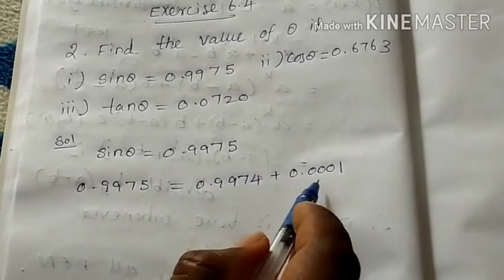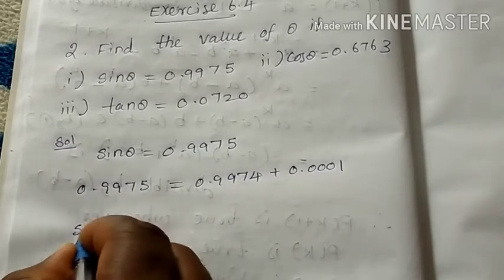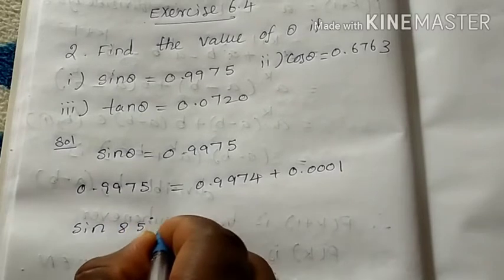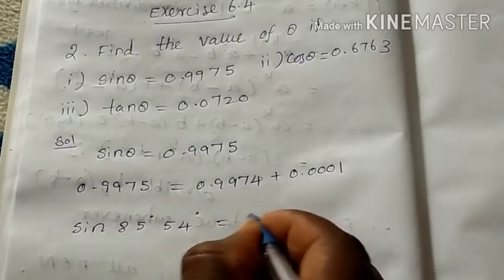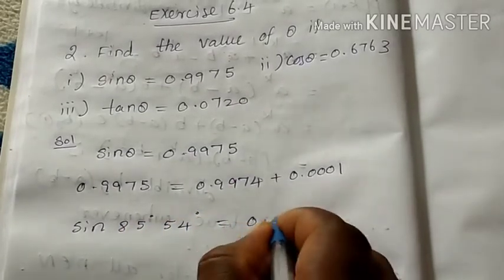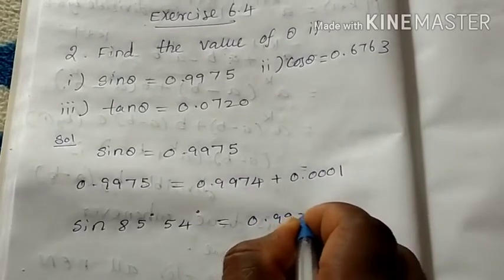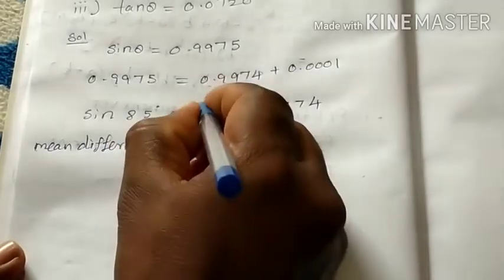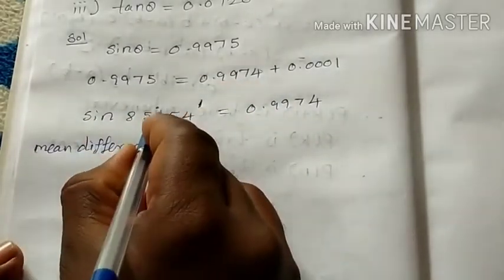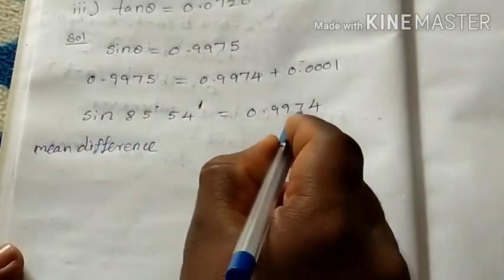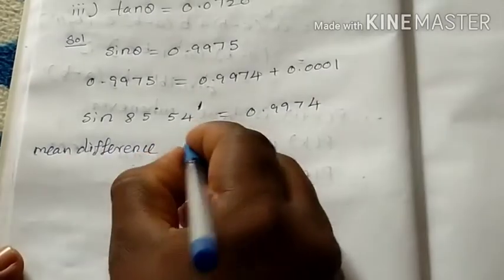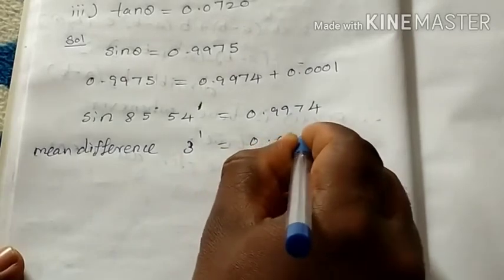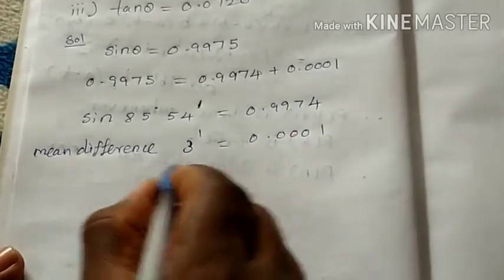So the sum of the two values: sine 85 degrees 54 minutes equals 0.9974. The mean difference, 3 minutes, equals 0.0001.